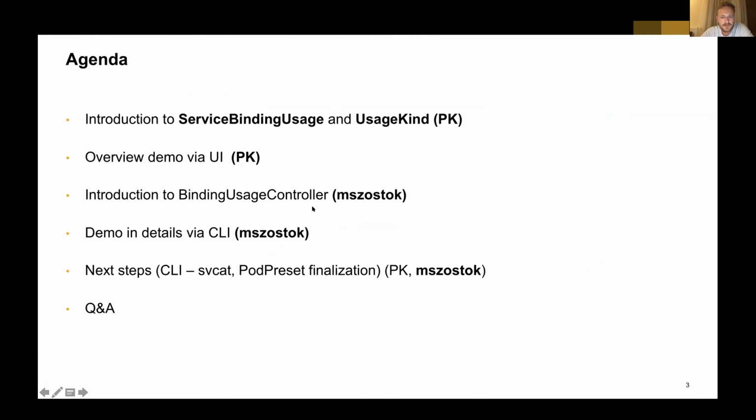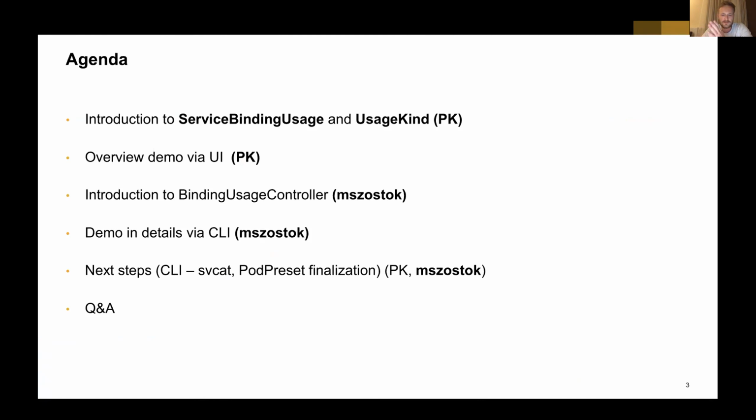Then Mateusz will explain more about what the binding usage controller is doing, how it works with pod presets, how it restarts the end applications to get the credentials injected, and show everything from the CLI, because from the beginning we tried to allow every operation in the UI and the CLI itself. And at the end, we'd like to talk a bit about next steps, like that we want to integrate with your CLI, and also maybe talk with you about what the future of the pod presets is.